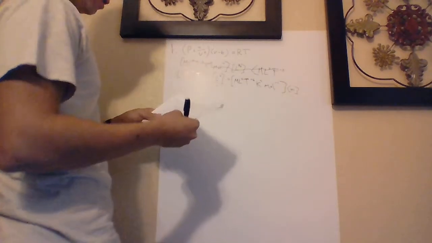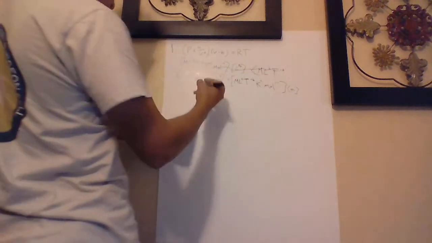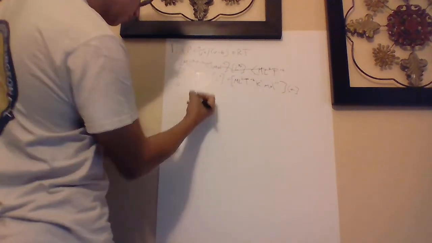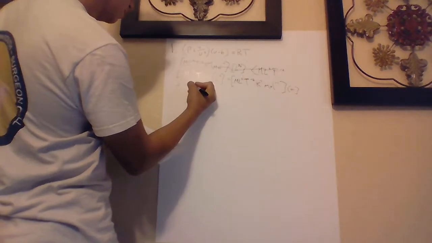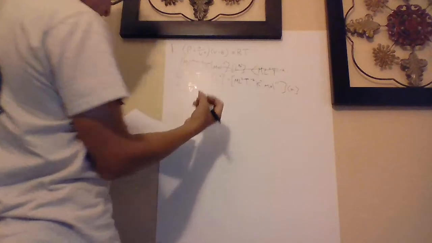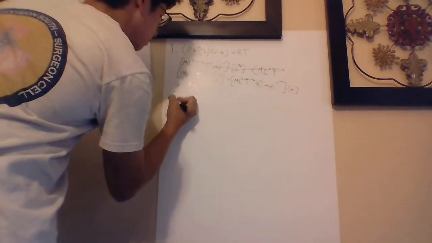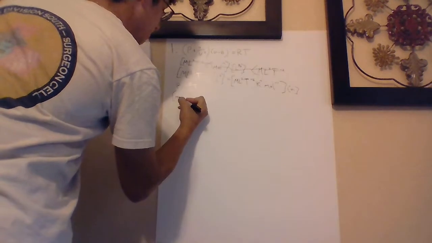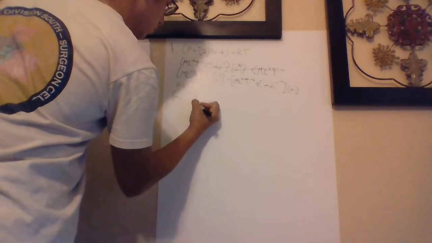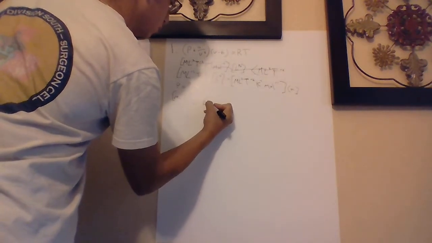Now, since we cannot add or subtract quantities of different dimensions, it ends up that pressure equals A over volume squared. So it ends up being M L^-1 T^-2 equals A over L to the power 6.